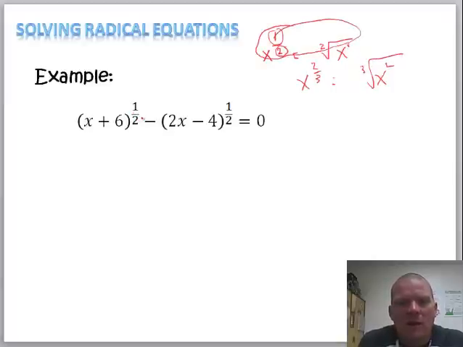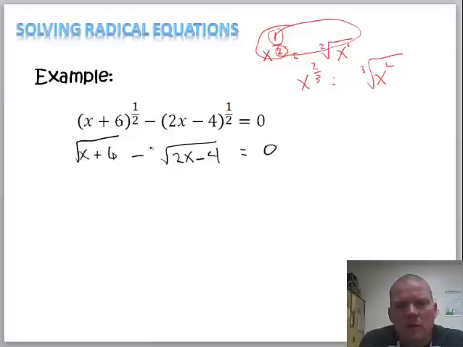Okay? But we're going to look at this part up here. Anything to the 1/2 power just means I can take the square root. So I can rewrite this problem as the square root of x plus 6, minus the square root of 2x minus 4, and that's going to equal 0. Now I don't have this solved for one of the radicals, so we'll solve it for one of the radicals, and basically what I do is I just move one of them to the other side.